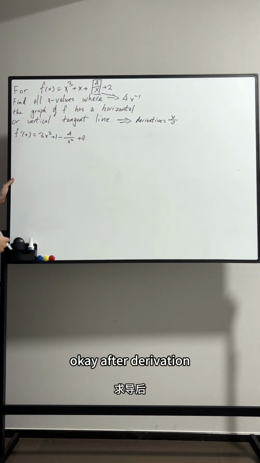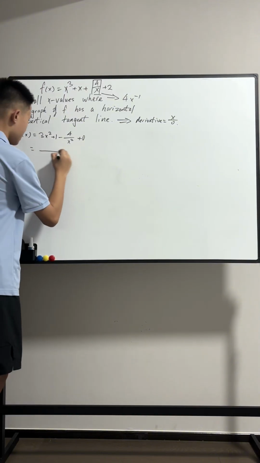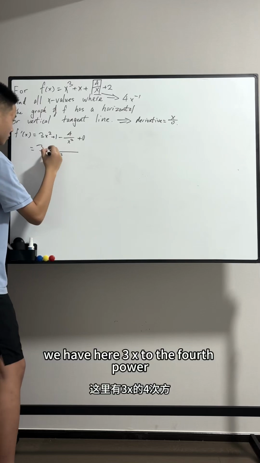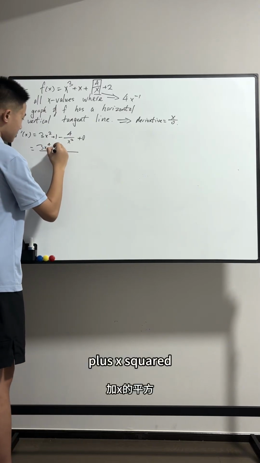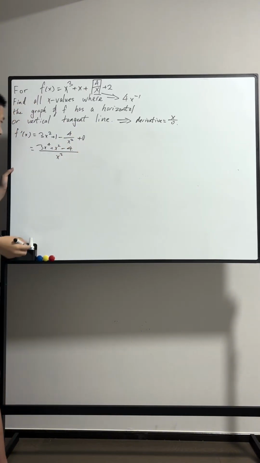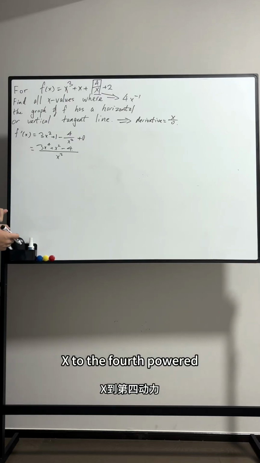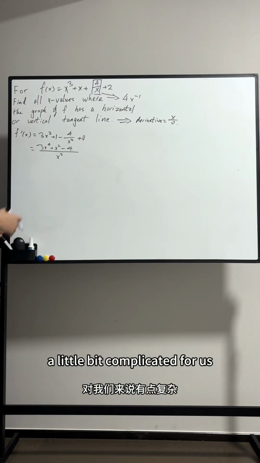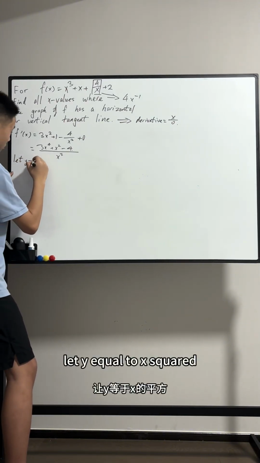Okay, after differentiating, now we can simplify this a bit. Let's make the denominator x squared. So we have here 3x to the 4th power plus x squared minus 4. Because we have an x to the 4th power in our function, it makes things a little bit complicated for us. So what we can do is let y equal x squared.